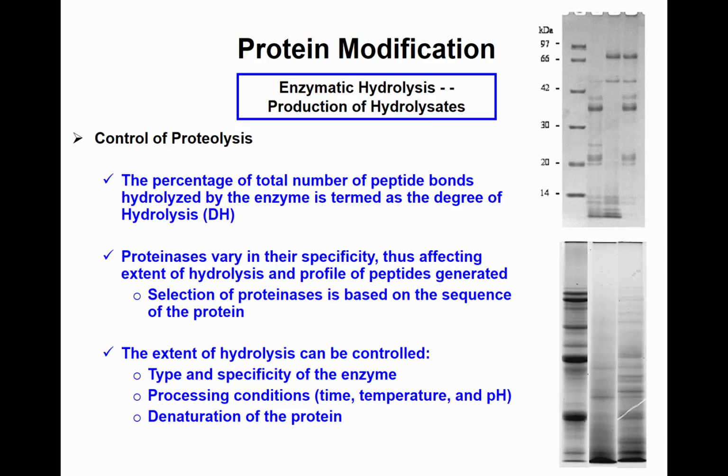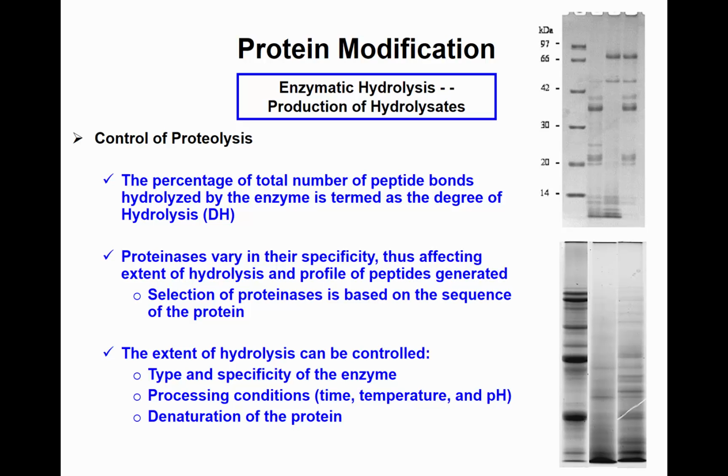First of all, one of the things we control is the degree of hydrolysis. The degree of hydrolysis is defined as the percentage of total peptide bonds broken compared to the original native protein. So this will give you a degree of hydrolysis in a percentage term.